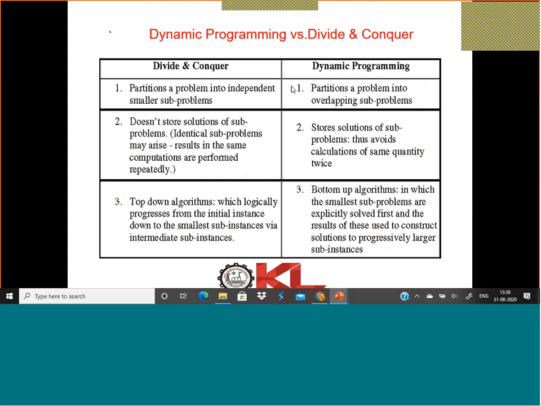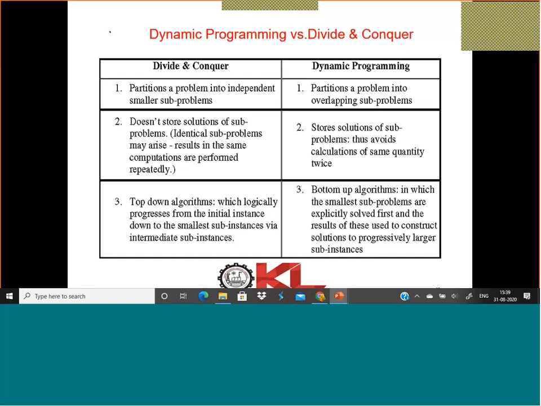The difference between dynamic programming and divide and conquer, most of the points I think are covered. The first point is that in divide and conquer, we partition a problem into independent smaller subproblems. Whatever problems you take, like merge sort, Strassen's matrix multiplication, or convex hull, when you are dividing, the subproblems are disjoint.